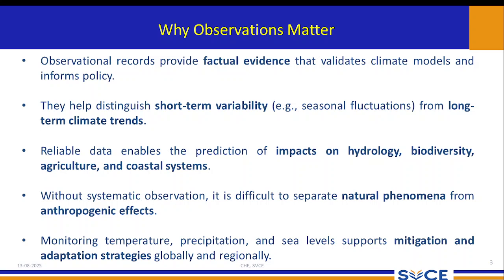Observational records provide factual evidence that validates climate models and informs policy. Okay, factual evidence of why this is happening. It will give you a clear-cut idea that validates the climate models, and informs policy. They help distinguish short-term variability from long-term climate trends. So what is short-term variability and long-term variability?